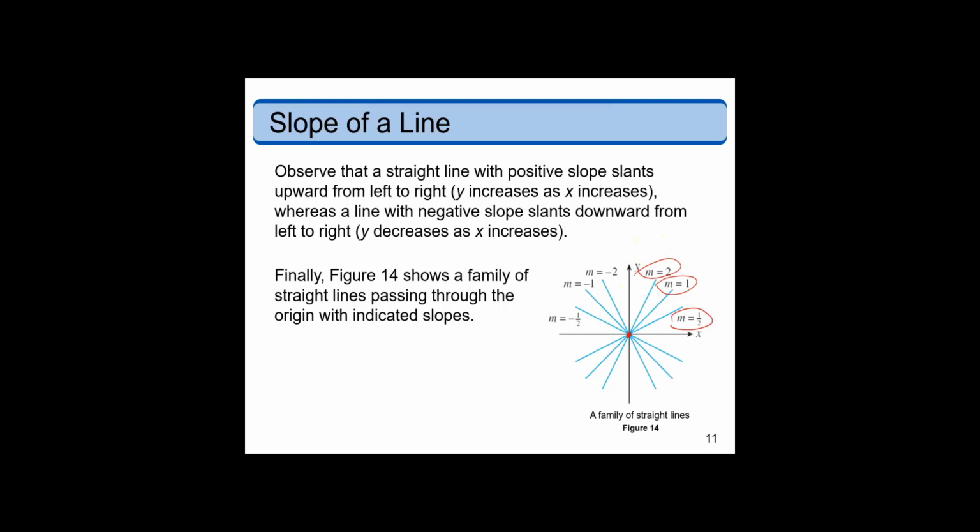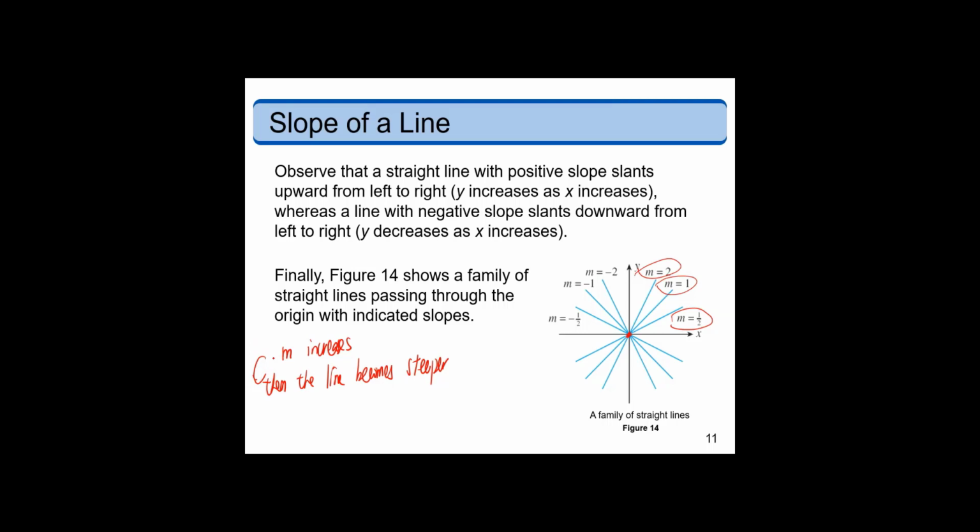When the m, the slope, increases, then the line becomes steeper. So slope measures the steepness of the line, right?